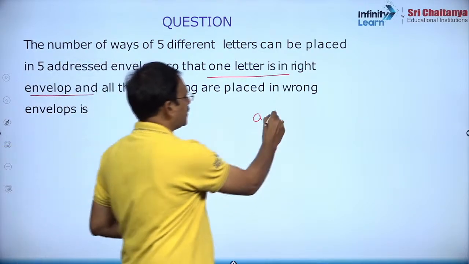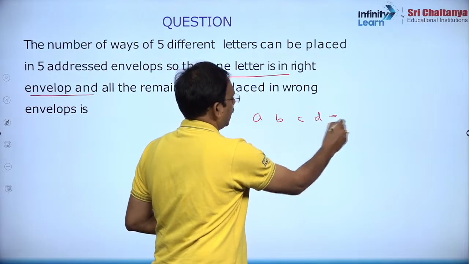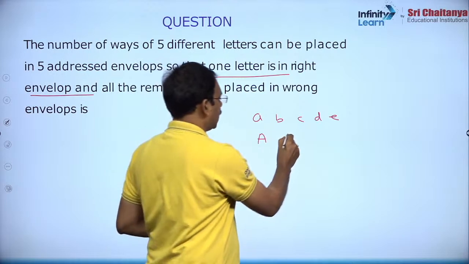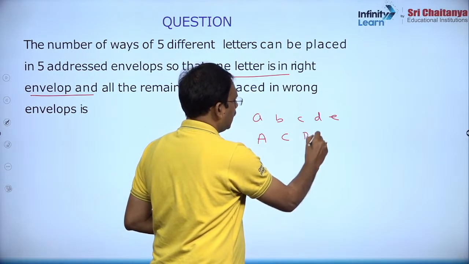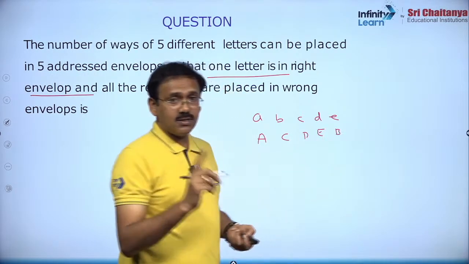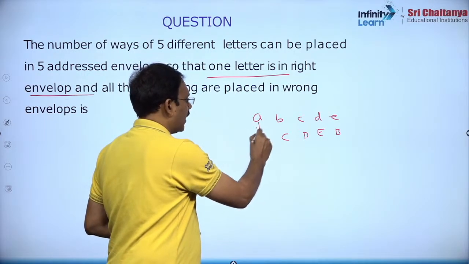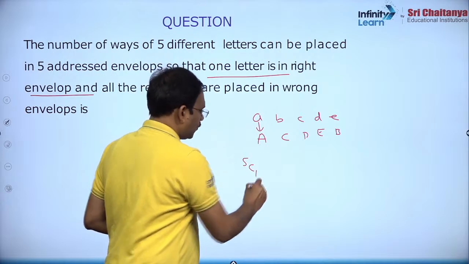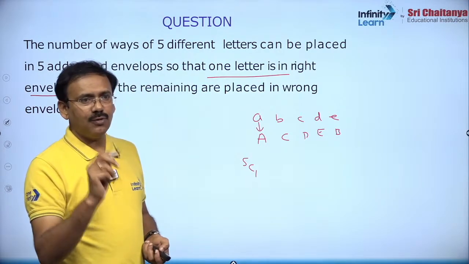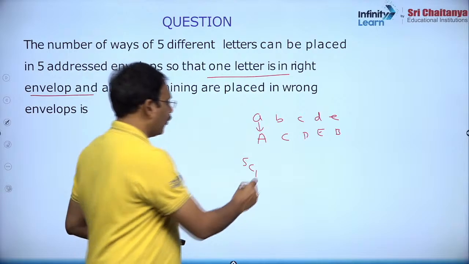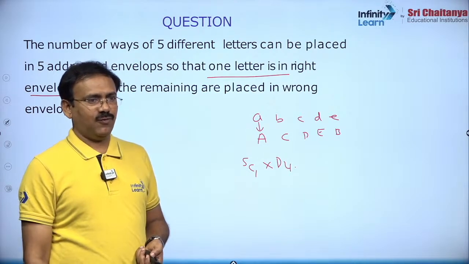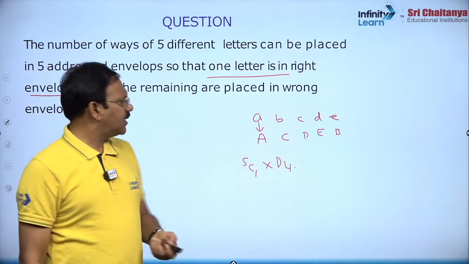So A goes in its envelope, and for B, C, D, E you have to arrange like C, D, E, B. That means one will go into the right envelope. So whichever one out of 5 you select, that will be kept in the right envelope. The remaining 4 you can write as D4, my dear friends. Derangements with 4. Okay? Yeah, this is simple.